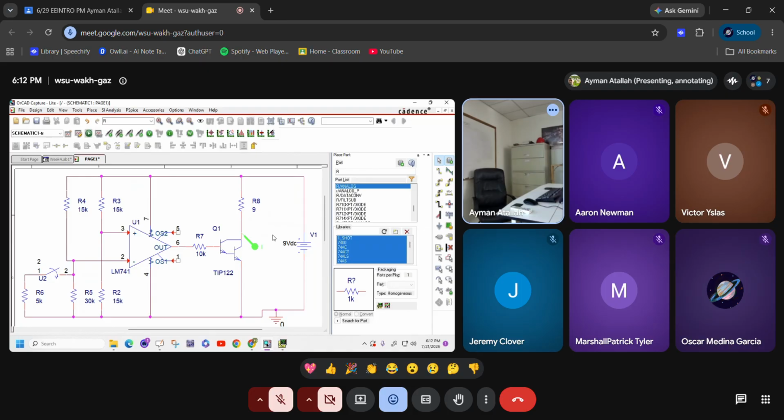Stop here. Yeah. We shouldn't have a dot here. If we have a dot, this means that you have a short circuit here. So now if you run this, you will get totally different results. Thank you.